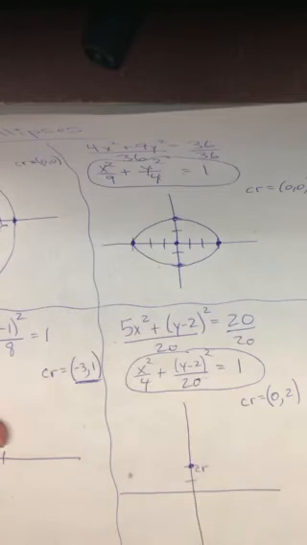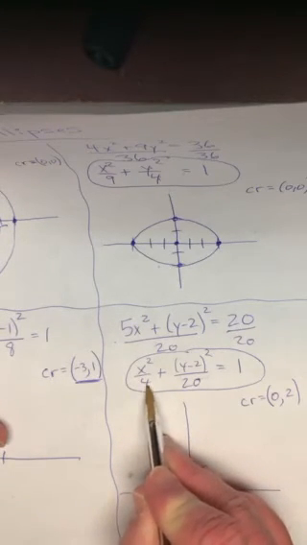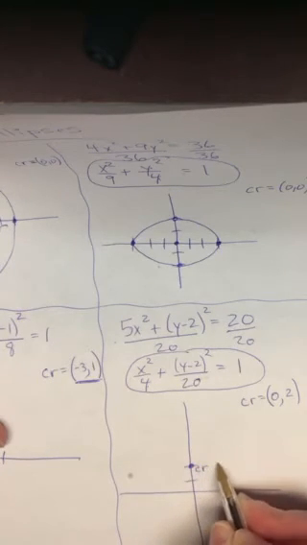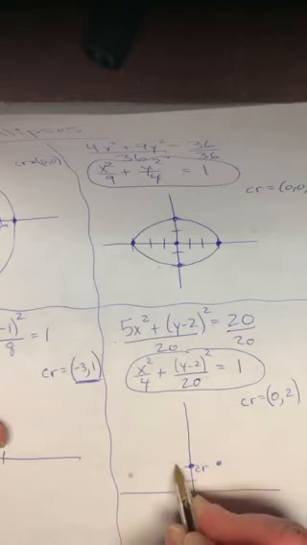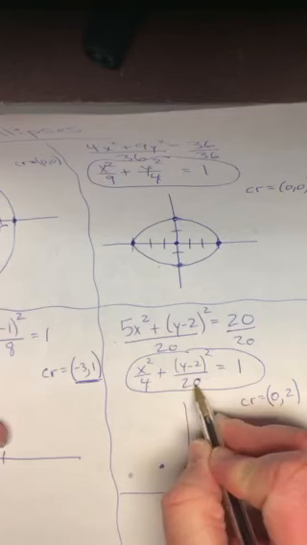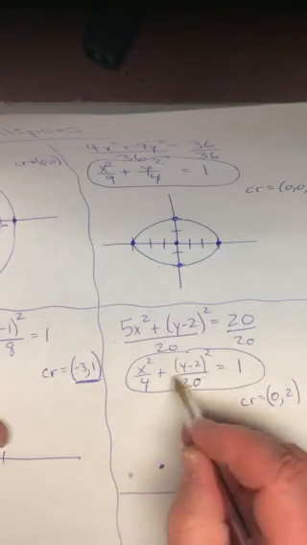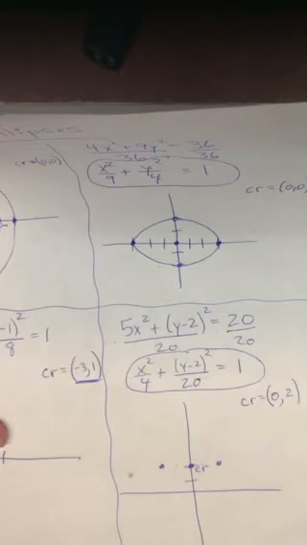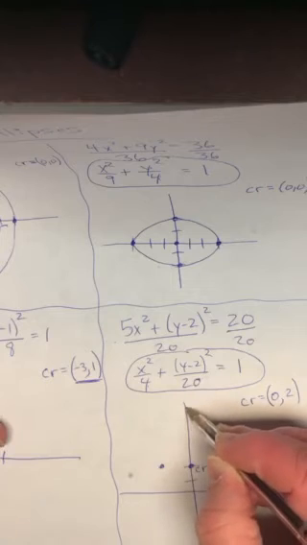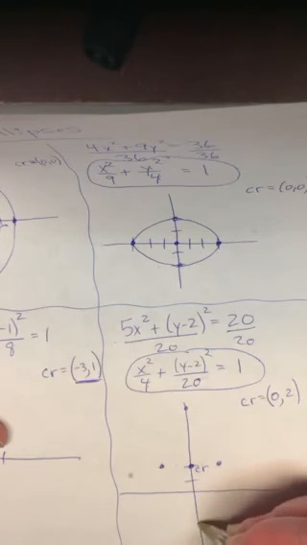Again, I'll put CR for center. Since the x squared has a 4 under it, I'm going to go to the center and move right 2 and left 2. Since the y squared has a 20 under it, and the y-axis runs up and down, I'm going to take the square root of 20, which is 4.5, and I'm going to go up 1, 2, 3, 4.5, and down 1, 2, 3, 4.5.